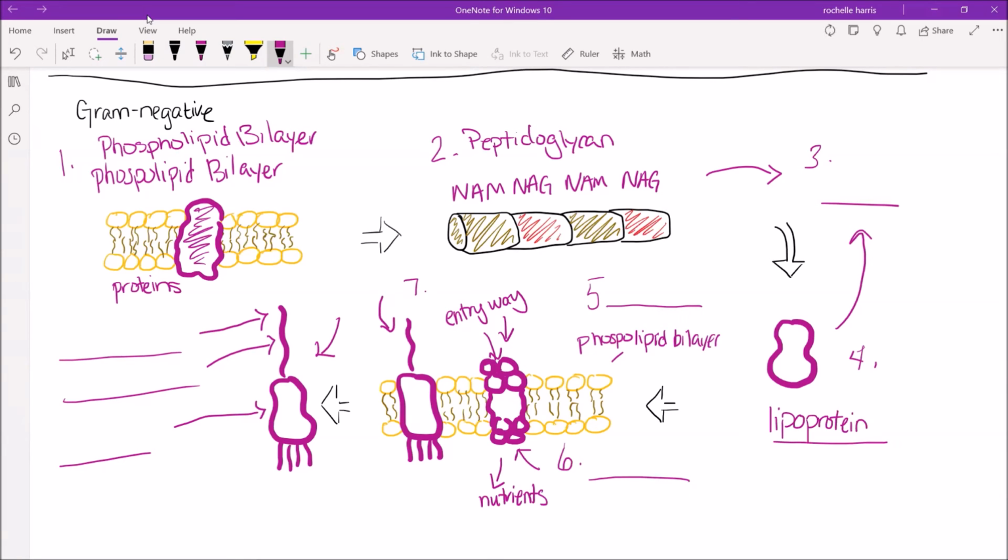Now, the peptidoglycan and the lipoprotein are in a particular space, and it's called the periplasmic space. After the periplasmic space, we have an outer membrane. And this outer membrane consists of phospholipid bilayer and proteins. Now, this particular protein in the outer membrane is called a porin protein.